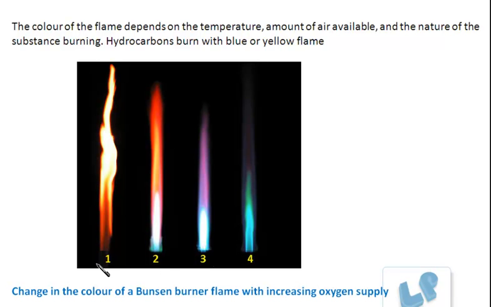So when the oxygen supply is increased, the color of flame changes. So the color depends upon how much oxygen is available, and also obviously the extent of combustion depends upon the availability of oxygen. So more is the oxygen available, complete is the combustion. And if the combustion is complete, the color of that flame becomes blue, and it is the hottest, and also it will emit less light.